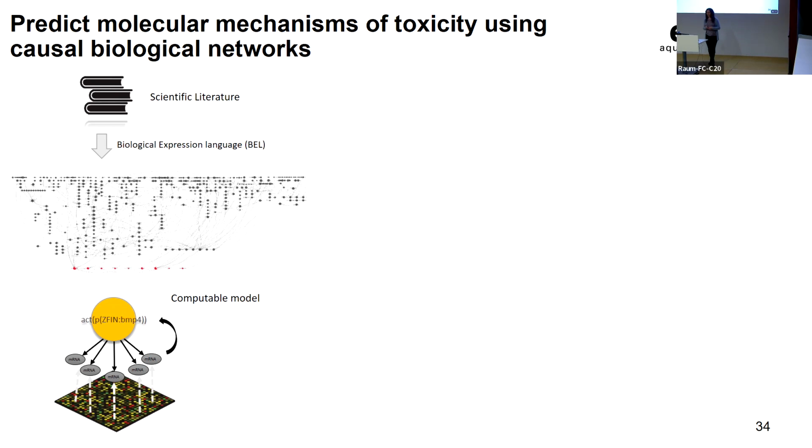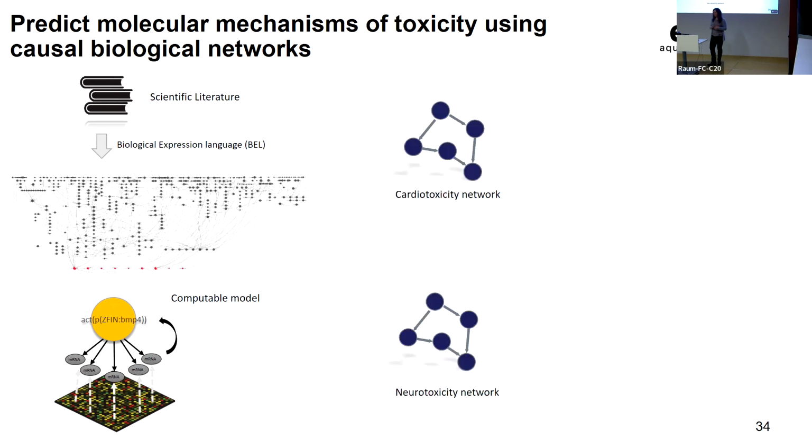Roman Lee, who was a postdoc on this project, generated two such causal biological networks, which consisted of molecular relationships that he created from scientific literature. He generated a network for cardiotoxicity and one for neurotoxicity.